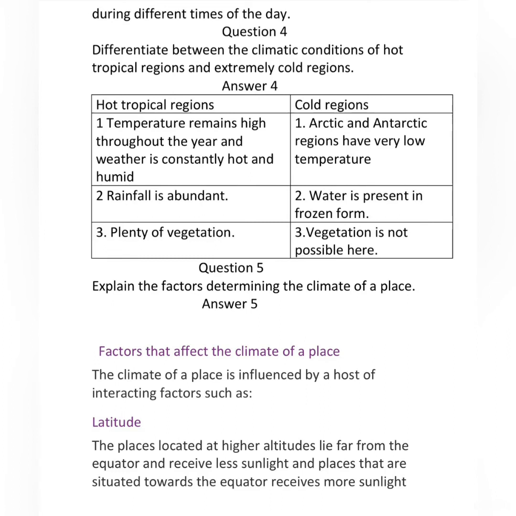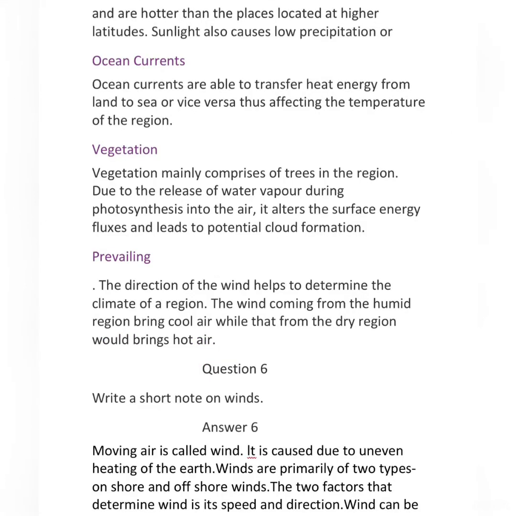Now, what are the factors that determine the climate of a place? First of all, latitude. The places located at higher latitudes lie far away from the equator and receive less sunlight. Hence, they are cooler as compared to the places at the equator. Ocean currents. They are able to transfer heat energy from land to sea or vice versa and thus affect the temperature of the region.